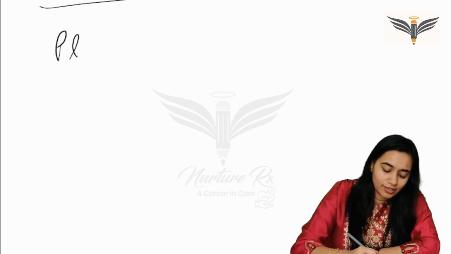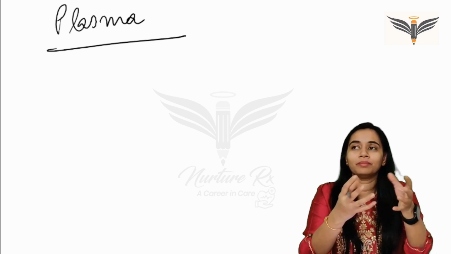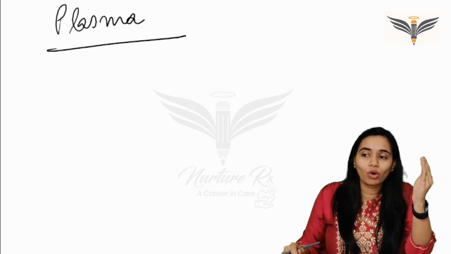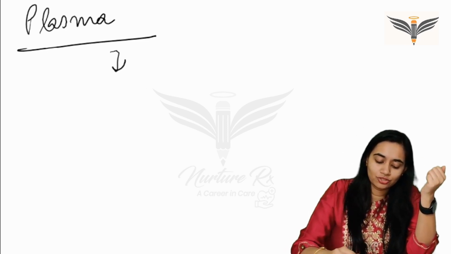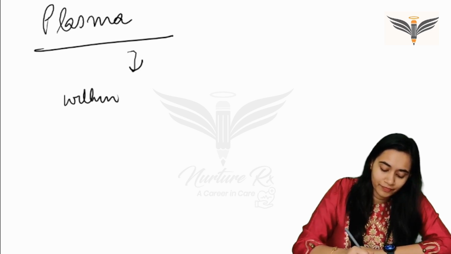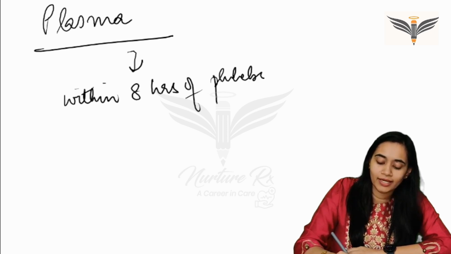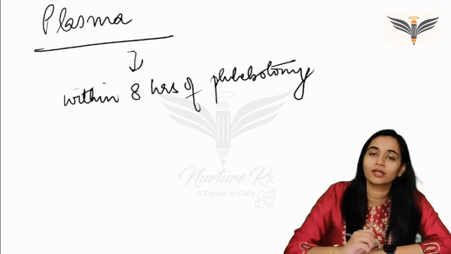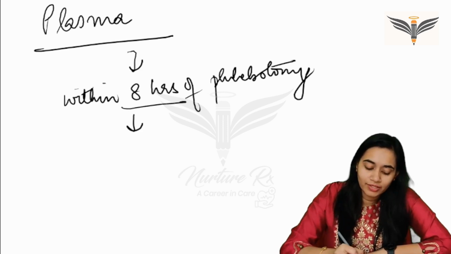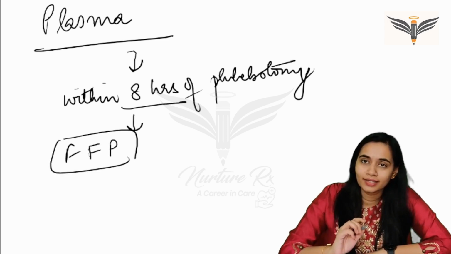Coming to the next product, which is plasma. Now, you know that plasma was the lightest product, forming the uppermost layer. This plasma needs to be frozen within 8 hours of phlebotomy, within 8 hours of blood collection. Once it is frozen within 8 hours, this is called fresh frozen plasma, right?